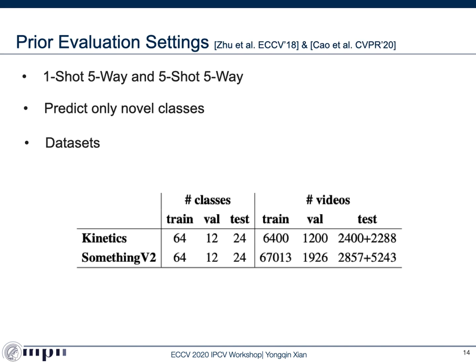Previous works are mainly evaluated in the 1-shot 5-way and 5-shot 5-way settings, where only novel classes will be predicted. We follow the same data splits on Kinetics and Something-Something V2 datasets proposed by previous works.